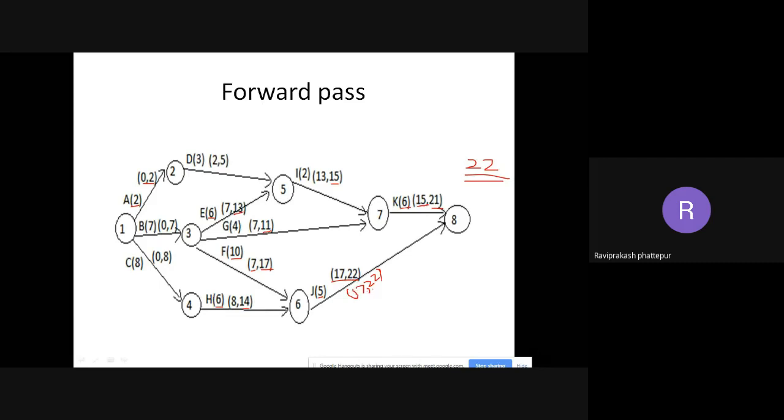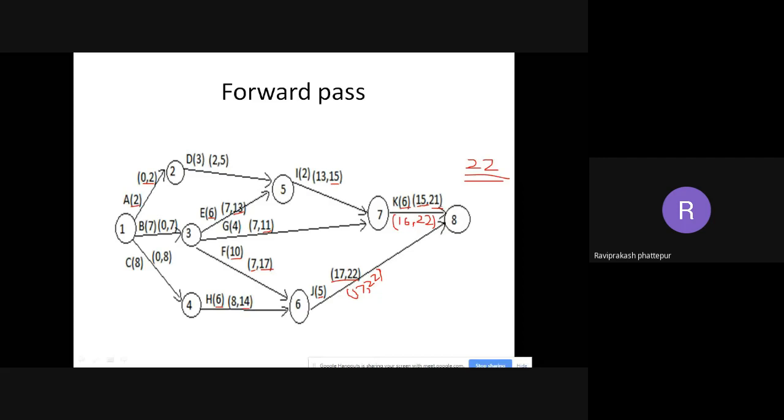Okay, 17 comma 22. Next, if we go to K, what will be the ending? The ending will again be 22, comma, 22 minus 6. What is 22 minus 6? 16. Okay, if you see, there is a variation between the top one, the forward pass, and the bottom one, the backward pass.